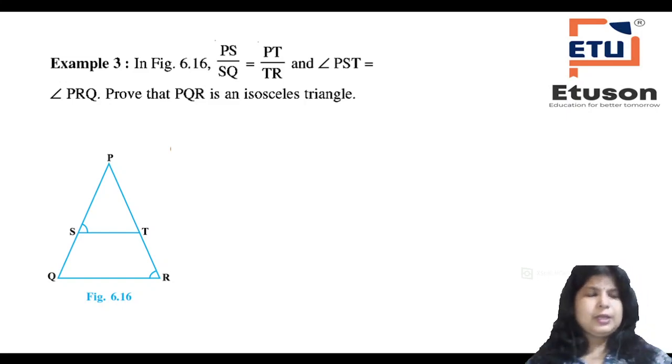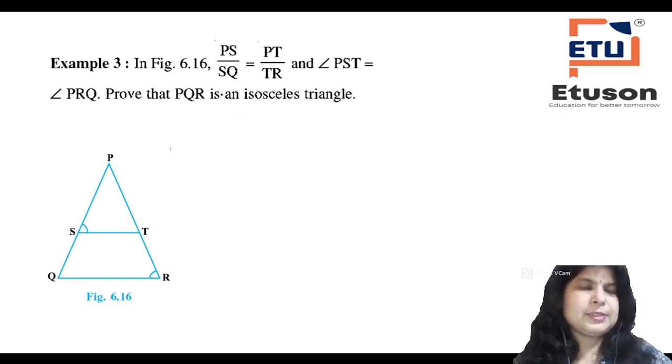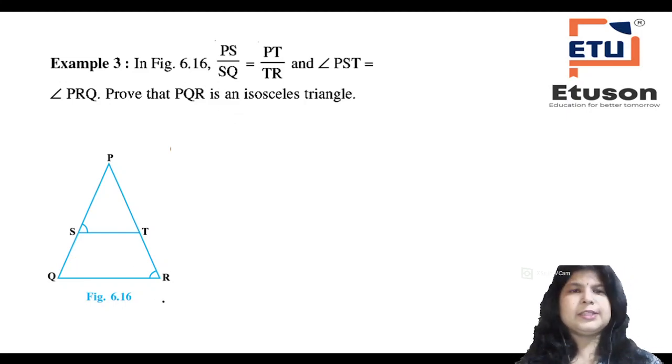Right? So now let us solve one more problem. In figure 6.16, because the reference has been taken from the book, the figure is 6.16. PS by SQ is equal to PT by TR, and the angle PST is equal to angle PRQ.